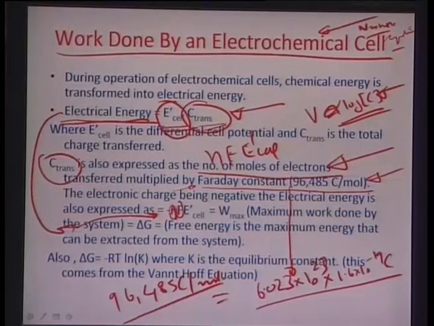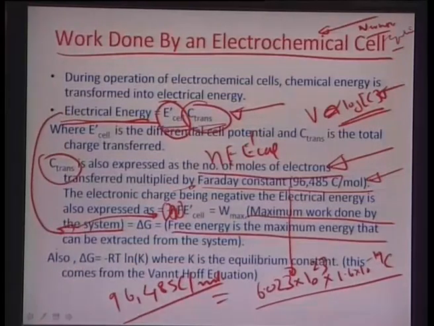So, we can think about the maximum work that is done by the system, and because it is work done, we are considering a negative sign here, and it is also equal to the free energy of the system, delta G. This is the Gibbs free energy, which is the maximum work that a system can do or has a potential of doing.